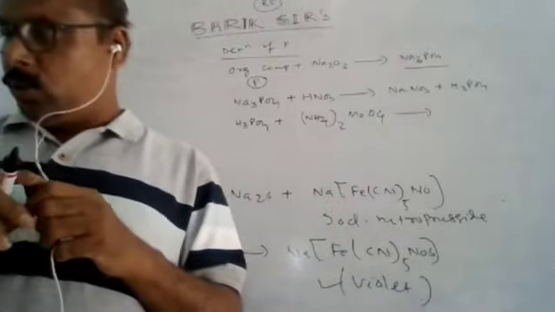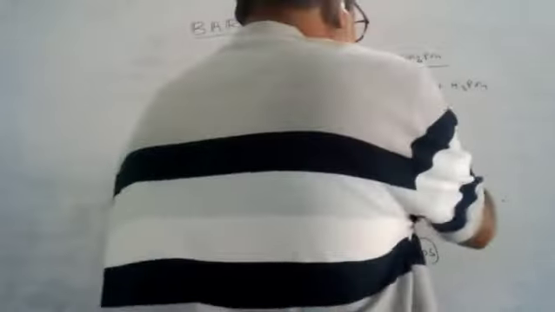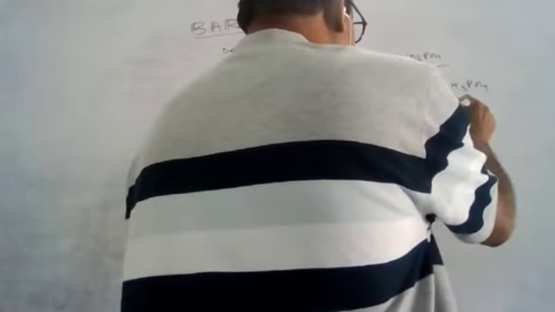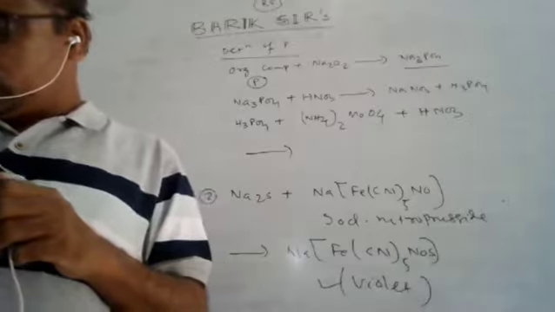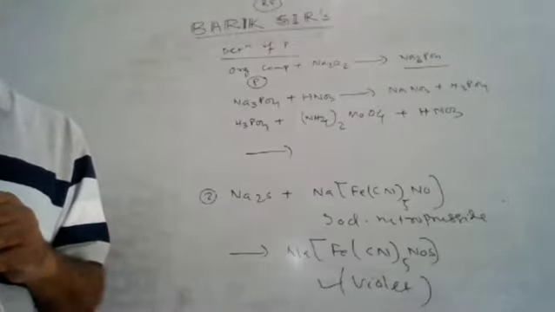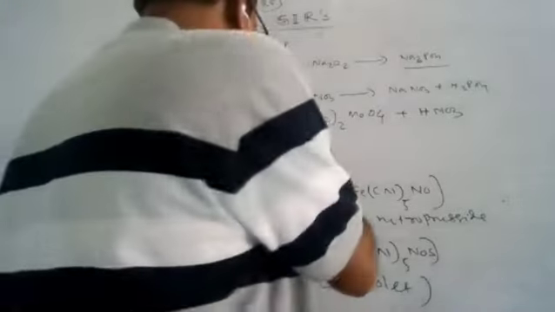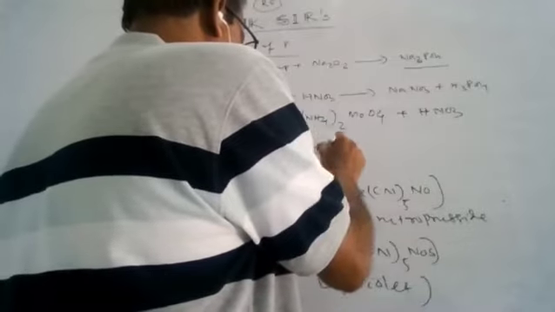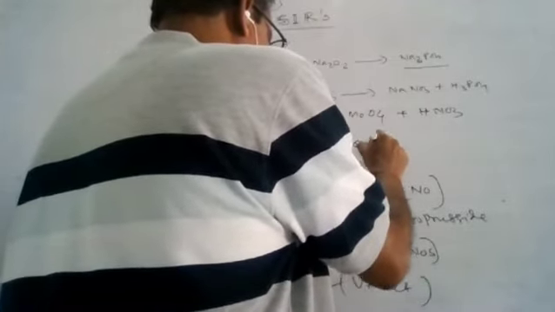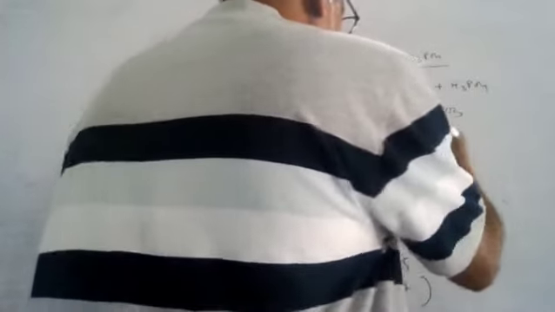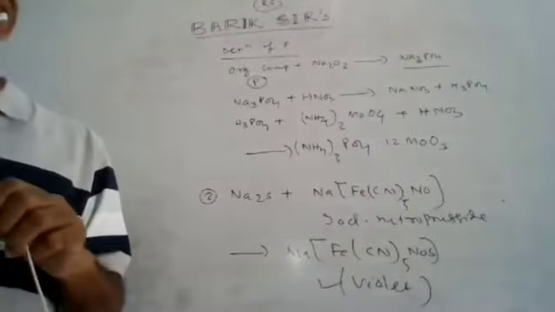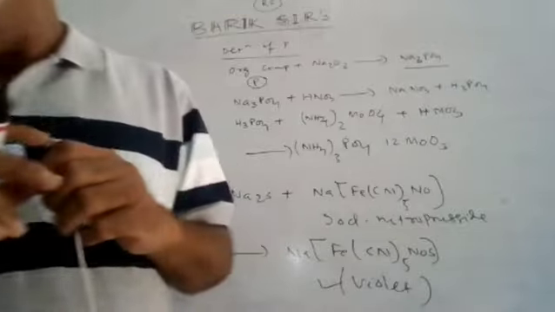In the presence of nitric acid, I am not doing the balancing, it will be converted to ammonium phosphomolybdate, that is (NH4)3PO4·12MoO3.